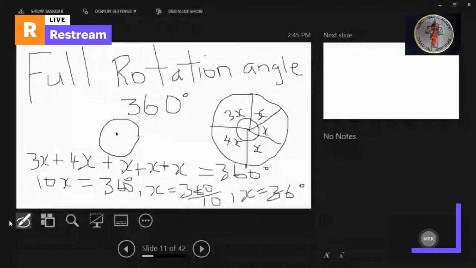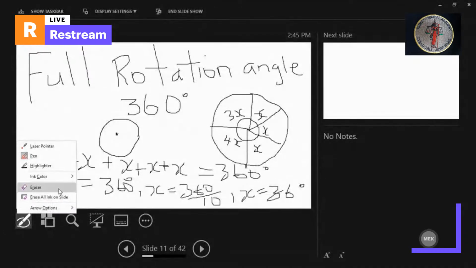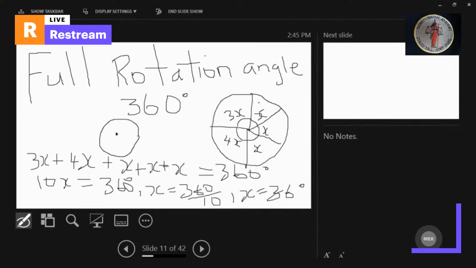So now we can just fill in the missing ones. We know this is 36 because it's just x. That's 36 degrees. This is also 36 degrees. And this is also 36 because each of them is x.